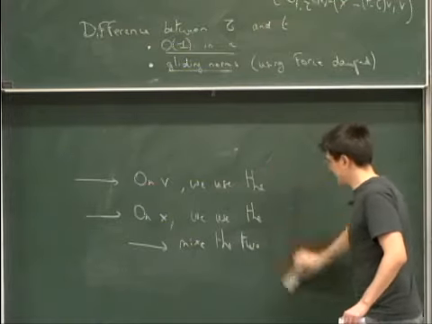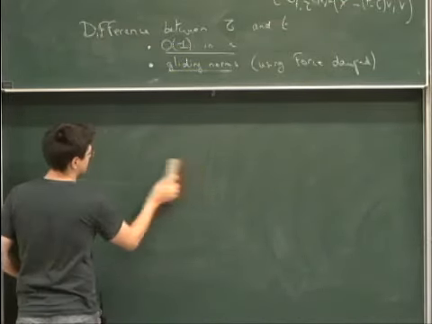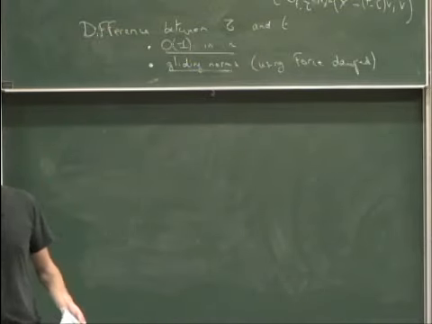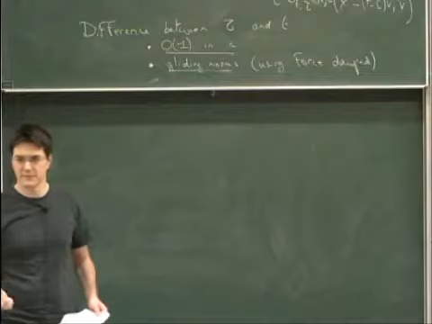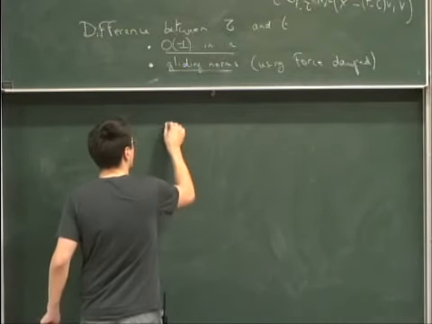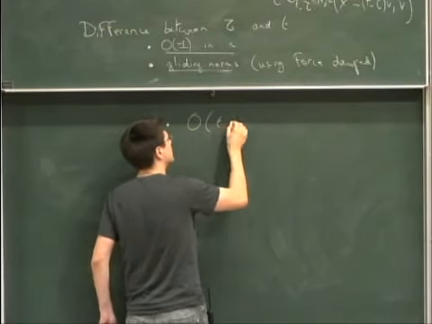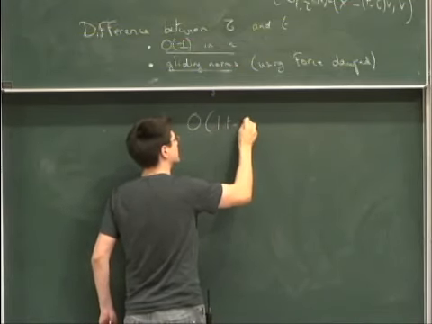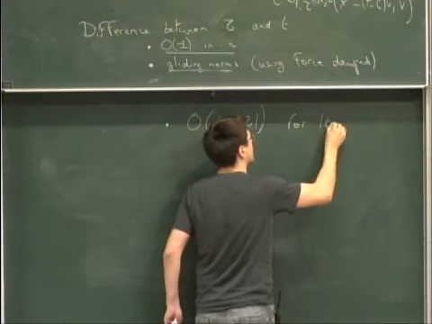And we expect that the difference between the perturbed characteristic and the unperturbed one goes to 0, because whatever the force is, it has no time to act. So we would like to say that it is O of t minus tau for, let's say, t minus tau less than 1.